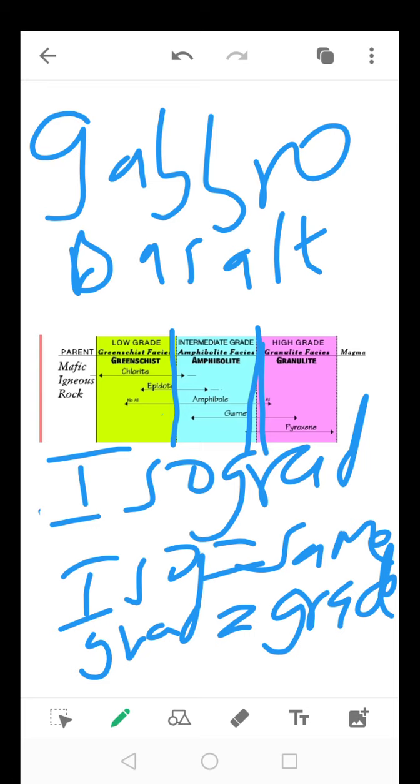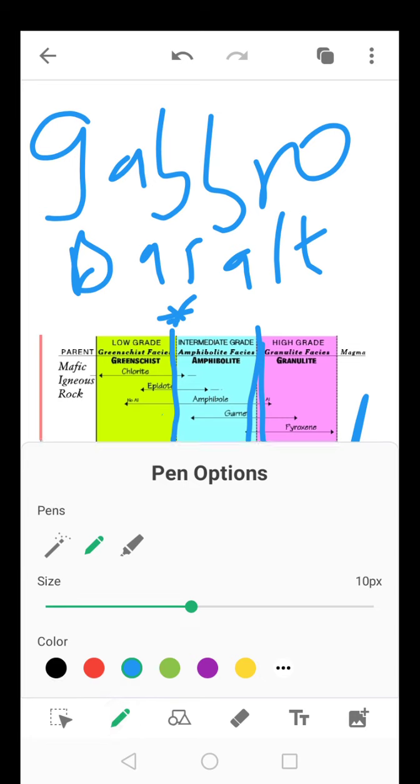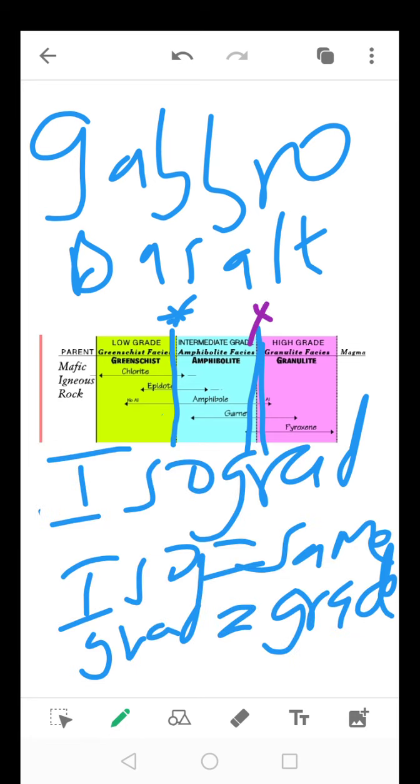Like in this case, on that line, the isograd separates low grade and intermediate. And this one will be the isograd separating the intermediate grade from high grade metamorphism.